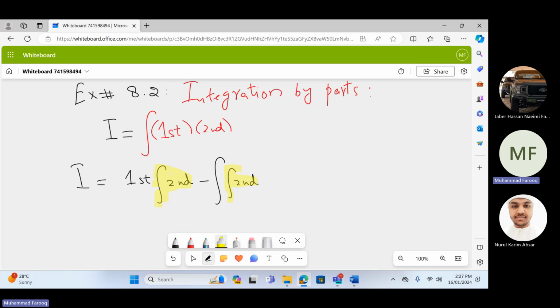This part we have done here, just write the answer here, please. So first function, no change, multiply second function integration, minus sign of integration, second function integration times the derivative of first function. This is the by parts formula.